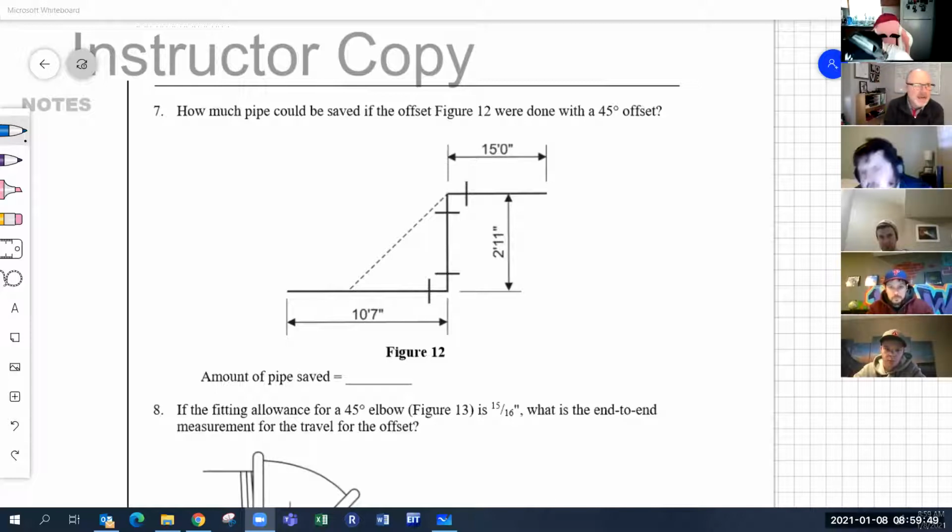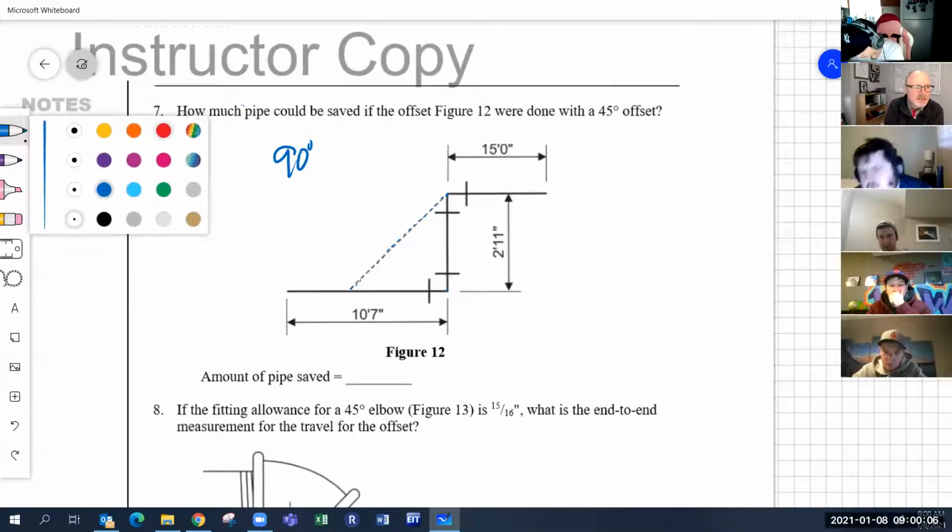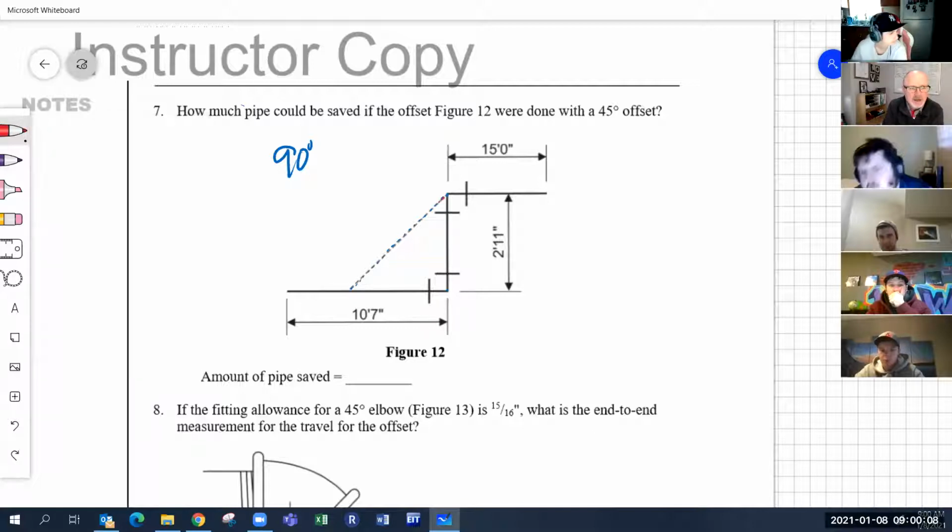So right now, as it stands, this piping arrangement is using 90s. So you can see the 90s here and here. So what if this is proposed? This dotted line is what we want to use, and I want to know how much pipe can we save if we use these.